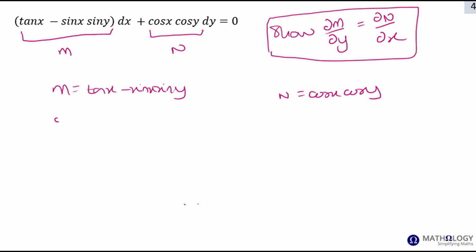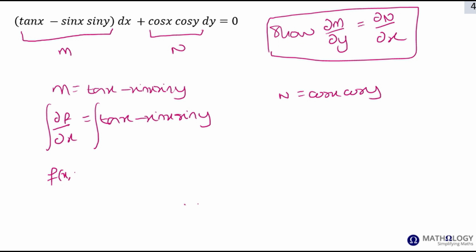Okay, now since m is the partial of f with respect to x, that equals tan x minus sin x sin y. We're now going to integrate these expressions with respect to x. So the function f(x,y) equals, again, we're going to split this up into two separate integrals.